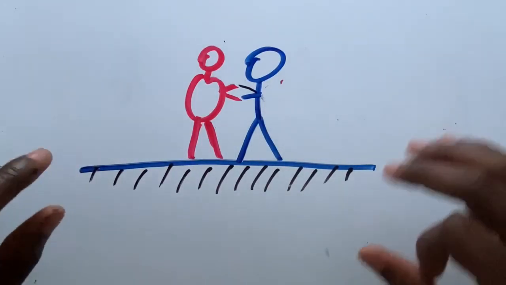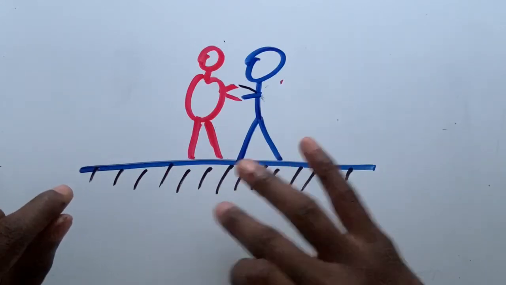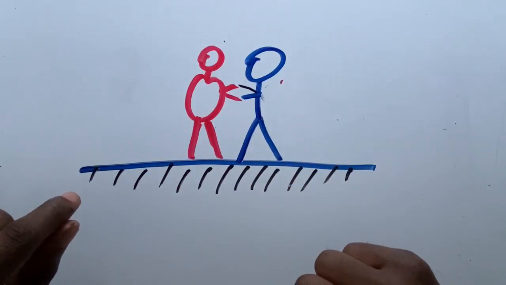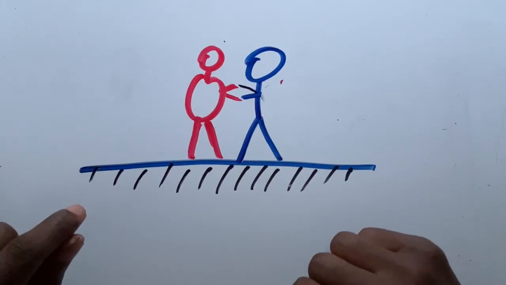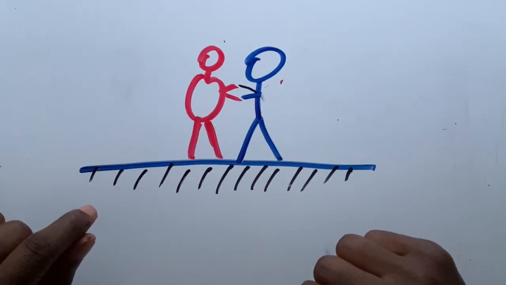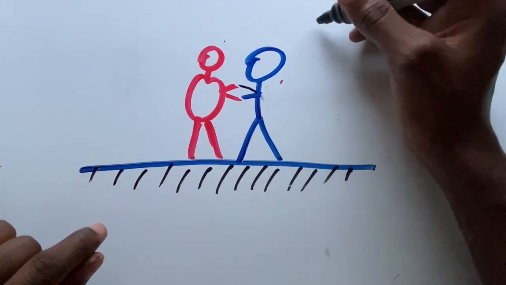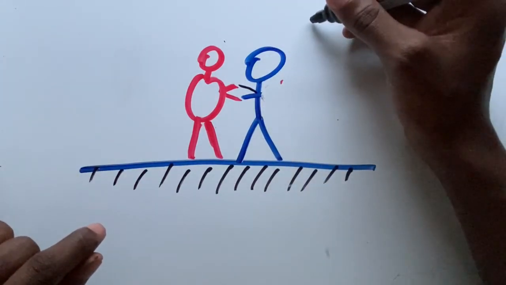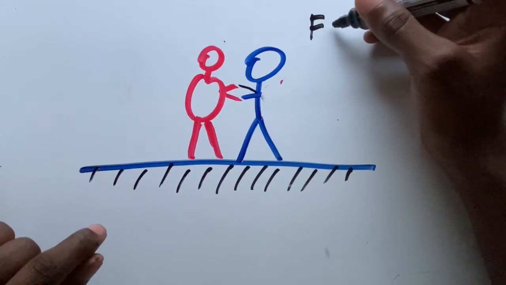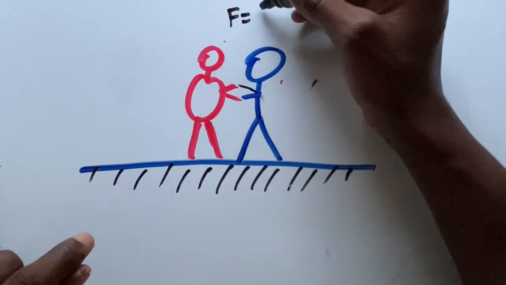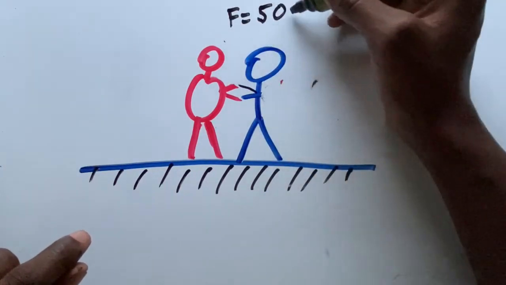And so now my question to you would be, who is going to accelerate faster? Well, let's put some numbers to it. Let's say you guys push on each other with a force of, I'll write it right here, 50 newtons.